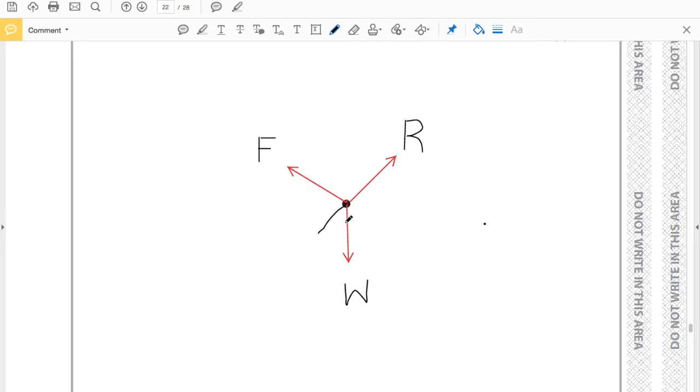If these two are of equal lengths, the component at this angle will be smaller than R. Hence, we are not showing that these two are equal. So W has to be greater than R for a component of W to be equal to R, so that it cancels out. This is one point where W must be greater than R.